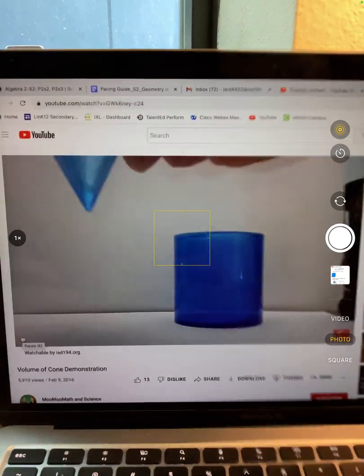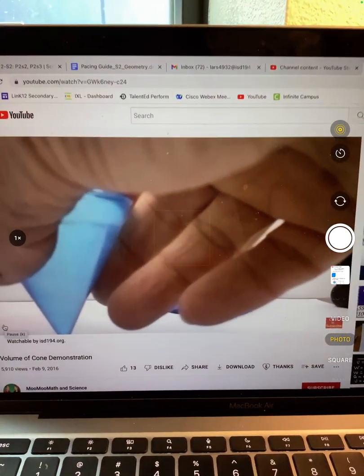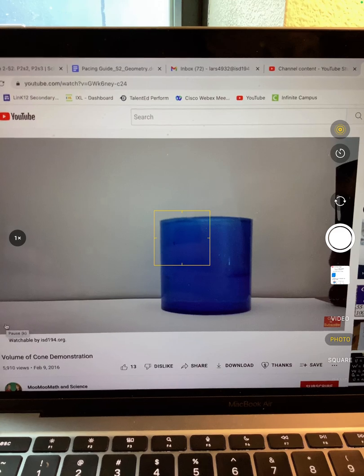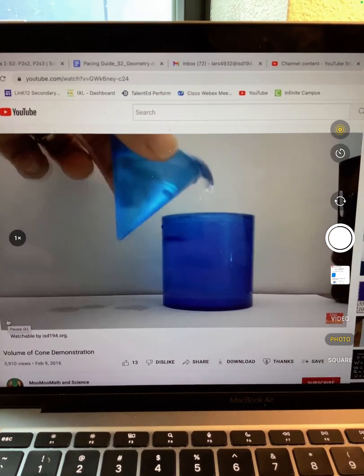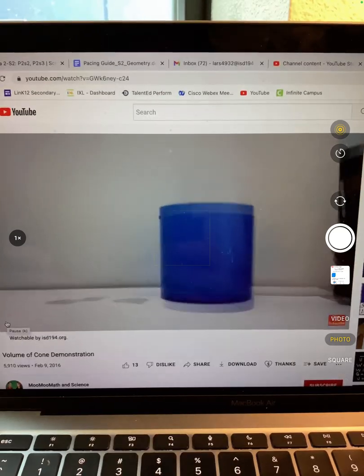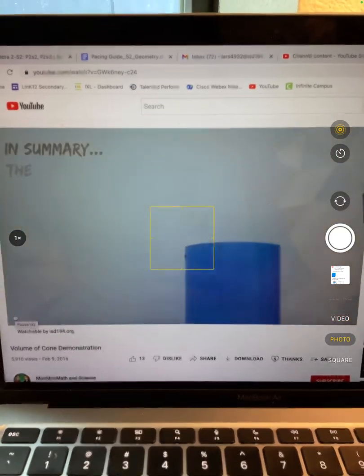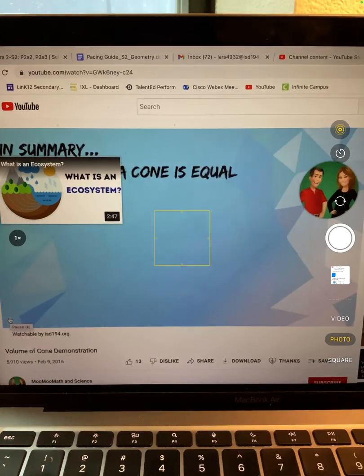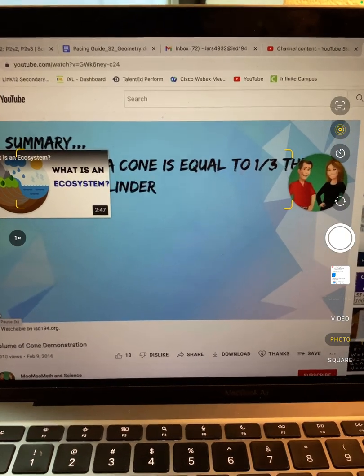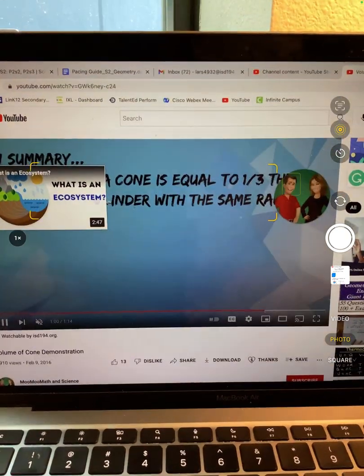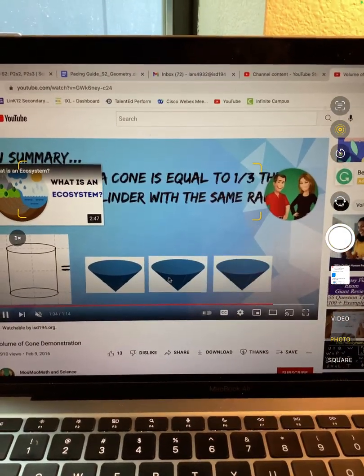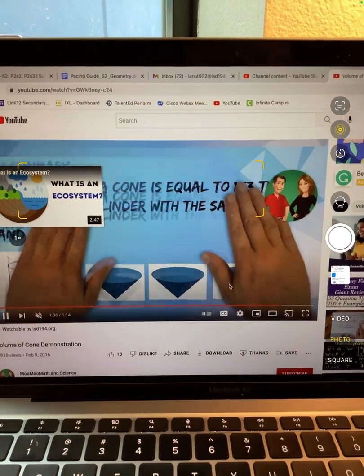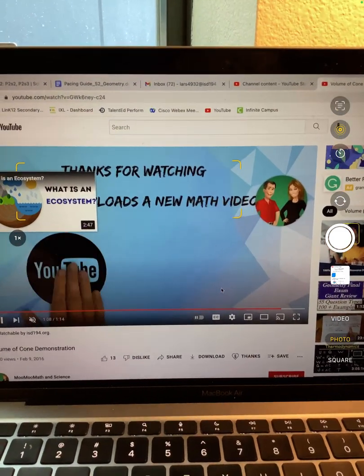I'm going to take the volume of my cone and dump it once, twice, 3 times, and then I was able to fill up that cone. So essentially, the volume of this cone is 3 times bigger than the volume that we have right there.